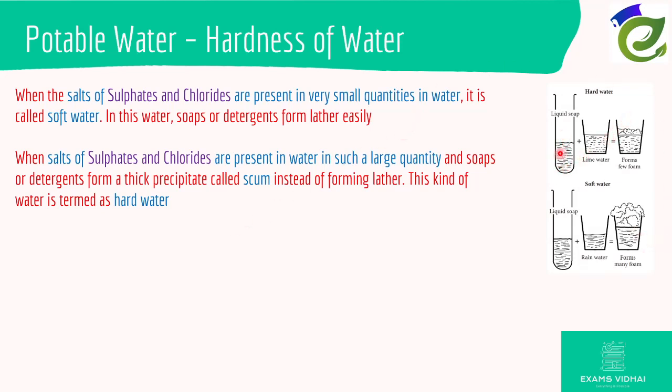Liquid soap plus lime water gives few foams. You can see the cloudiness is a lot smaller when you compare it to this one, which is rainwater. The difference between lime water and rainwater is that rainwater is soft water, while lime water is hard water. Lime water consists of minerals and many salts.